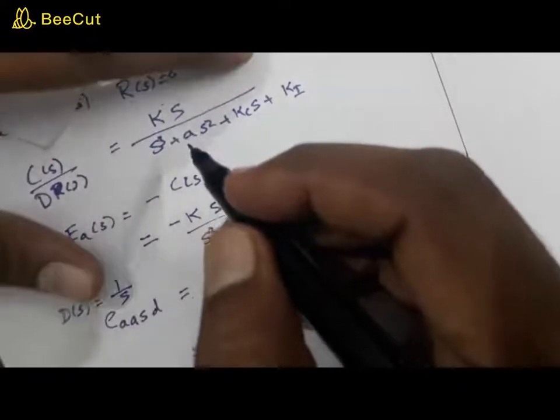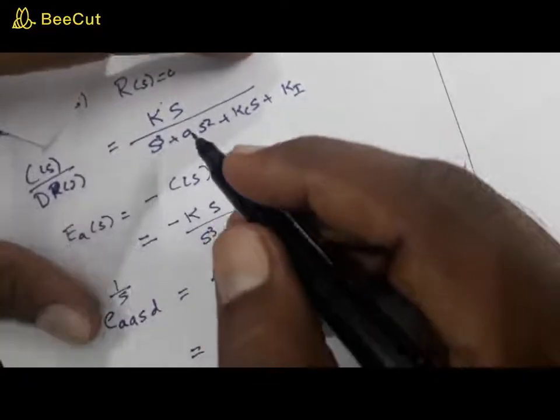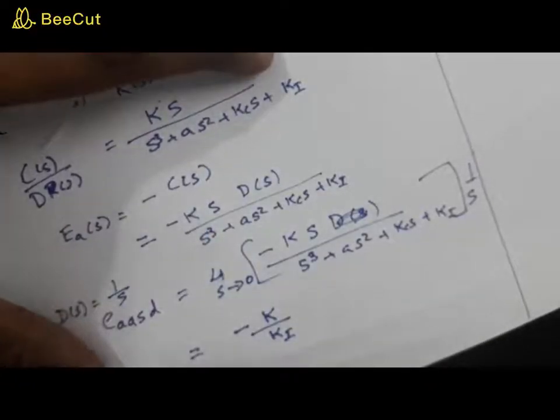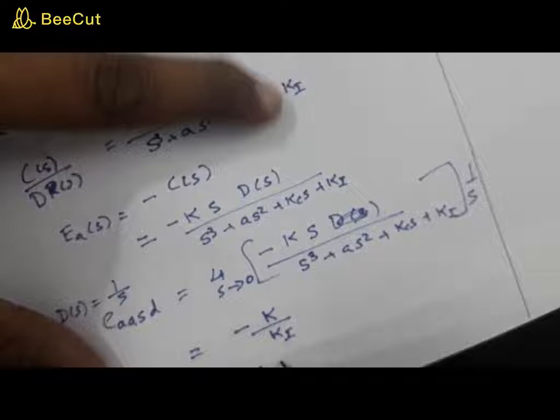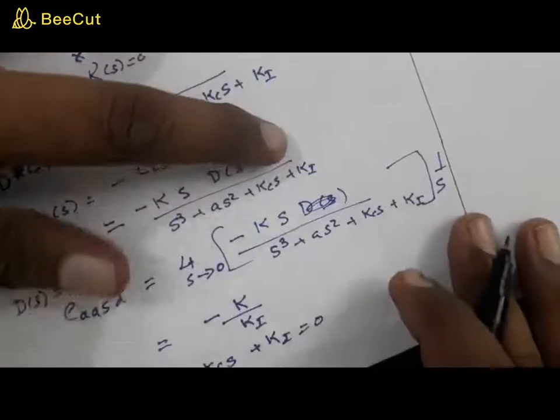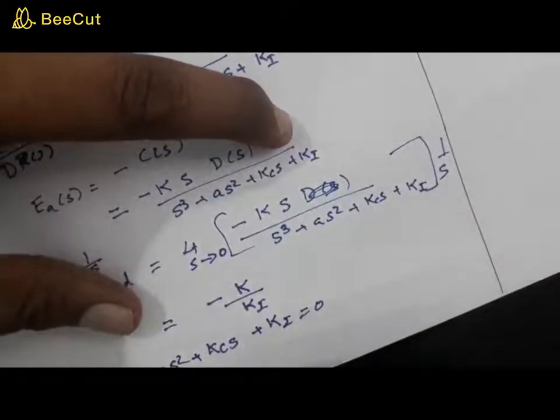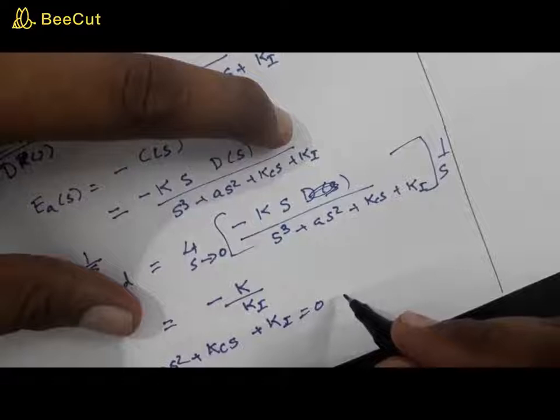So for this case, it will be s cube plus a square plus Kc s plus Ki equal to 0. So this is actually your characteristic equation.